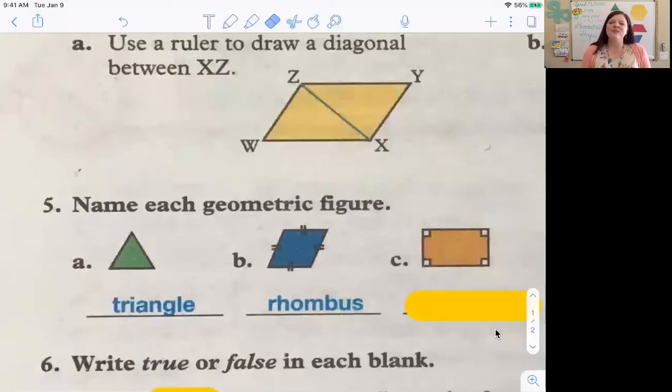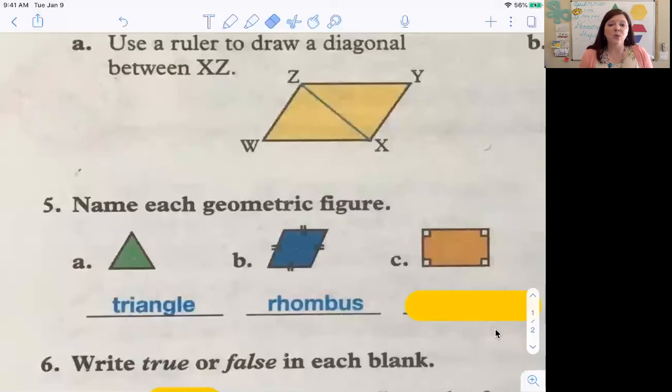Letter C. This also has 4 sides. The top 2 are parallel to each other. The left and the right are parallel to each other. Notice the little symbol that they put in each of the corners or in each of the angles. That little white box that you see is actually making a little L. And that is our symbol to show that that little angle is a 90-degree angle.